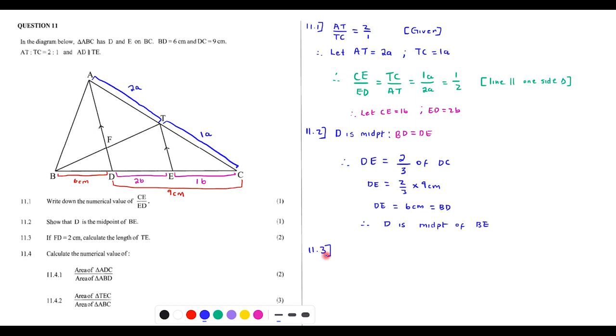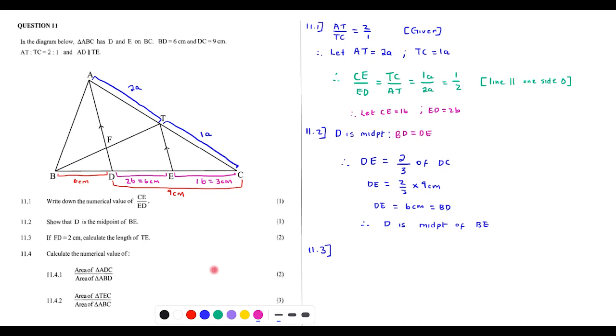11.3. Now here I don't only know 2b, I also know that 2b is 6 centimeters. It's very important that every time you do something, you update your diagram so that you can see what is happening. And if that is 6 centimeters, that is automatically 3 centimeters.